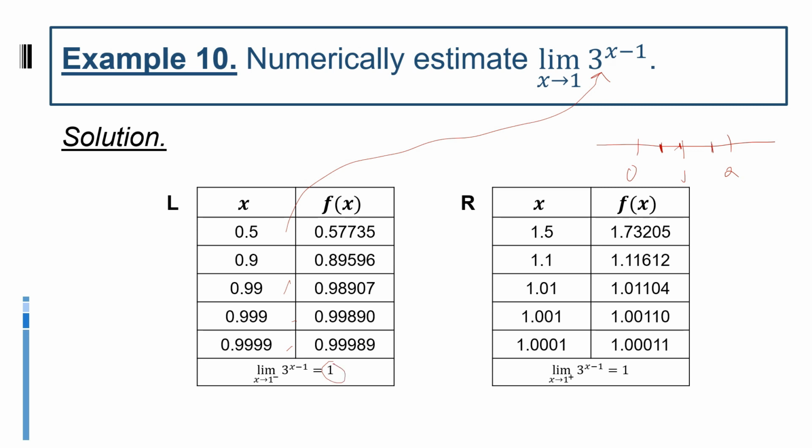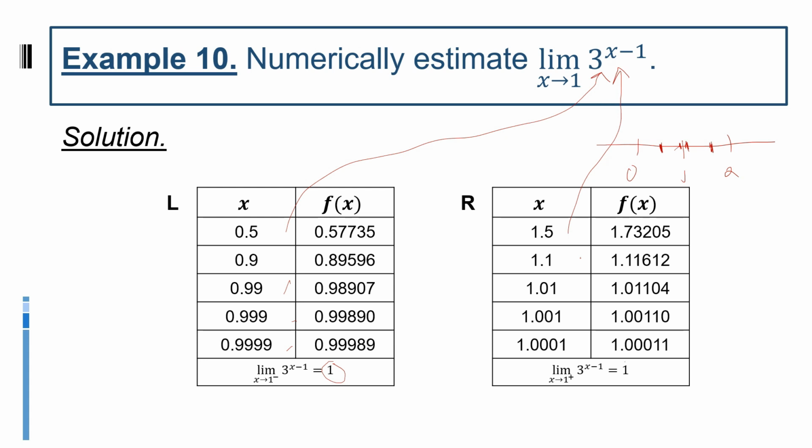From the right naman, gamitan natin ng 1.5. Plugging in, we have 1.73205. And then, eto naman, we have 1.1, mas malapit. So, we have 1.11612. 1.01 will give us 1.01104 up to 1.001, which will give us 1.00011.